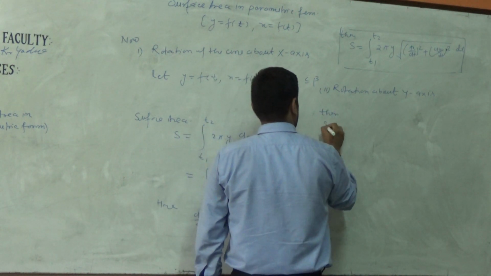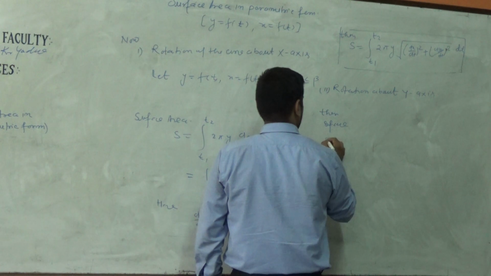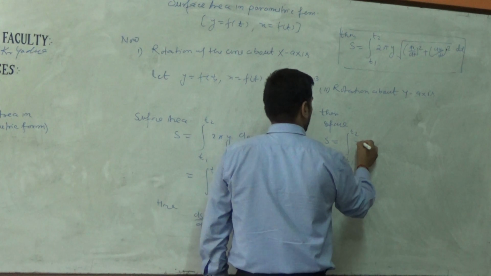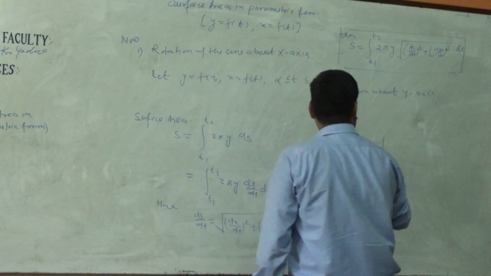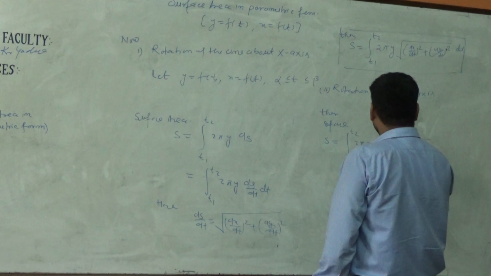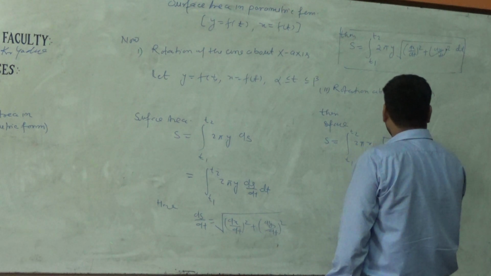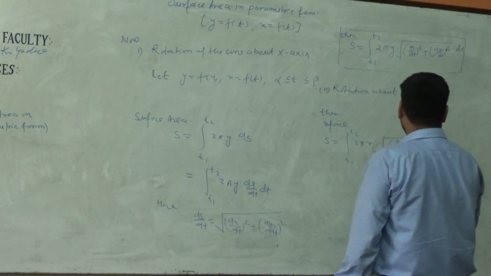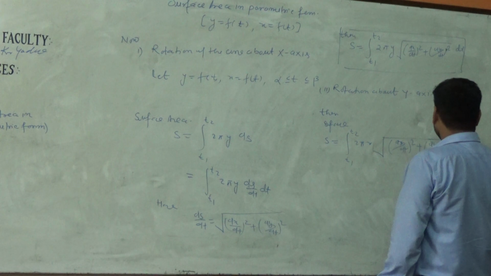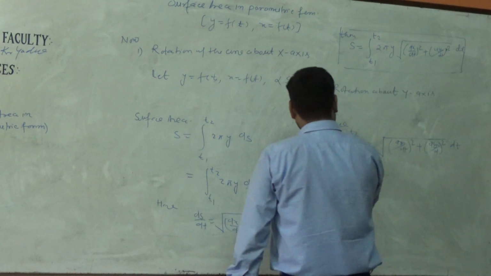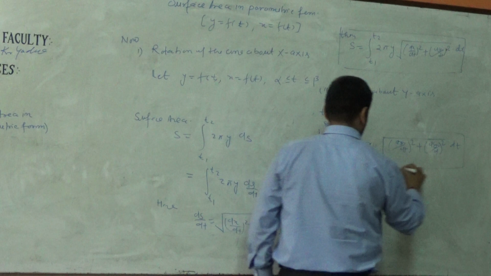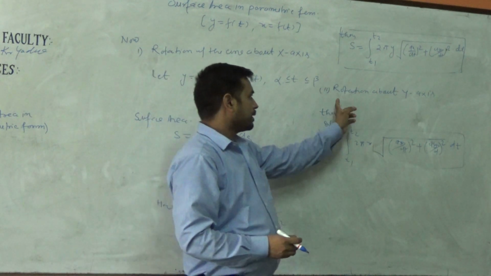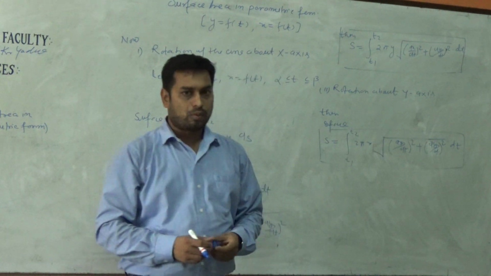Then the surface area S equals the integral from t1 to t2 of 2 pi x into under root dx by dt whole square plus dy by dt whole square into dt. This is the required formula of surface area in parametric form when the curve is rotated about the y-axis.